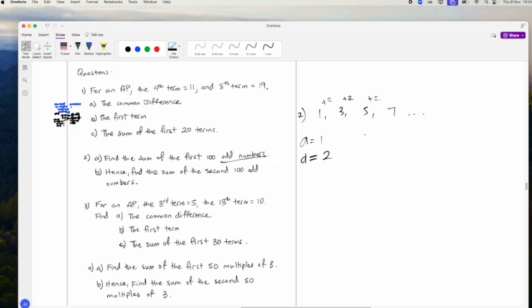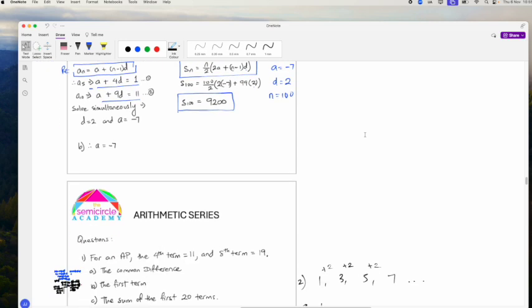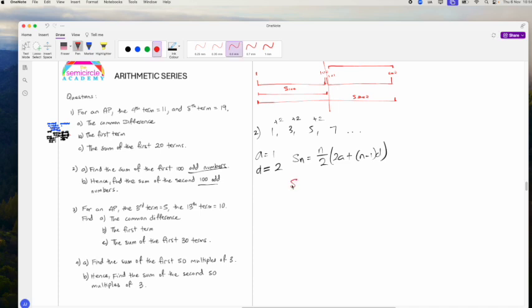The sum of an arithmetic progression, if we remind ourselves, is n over 2 into 2a plus n minus 1 d. So for the first 100 terms, it's 100 over 2 into 2 times a, where a is 1, plus n minus 1, which is 99, times d, which is 2. 99 times 2 is 198, plus 2 is 200, times 50 gives us 10,000.